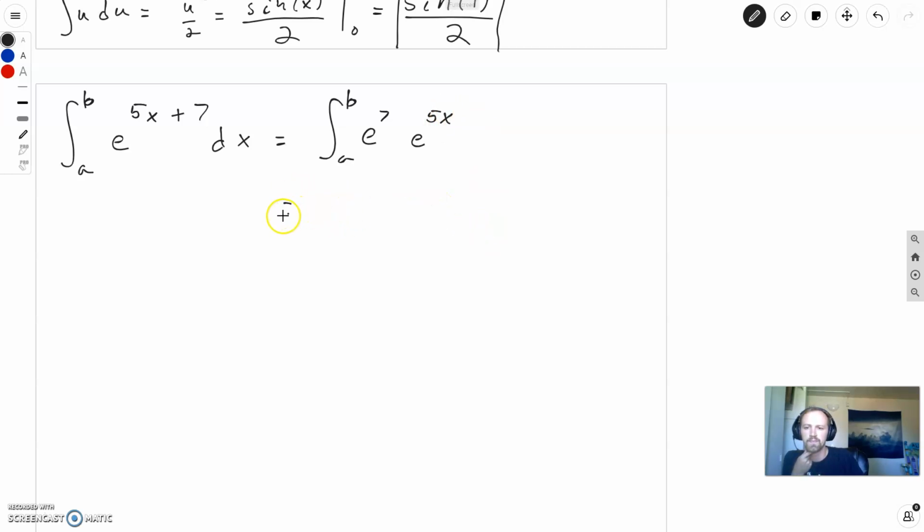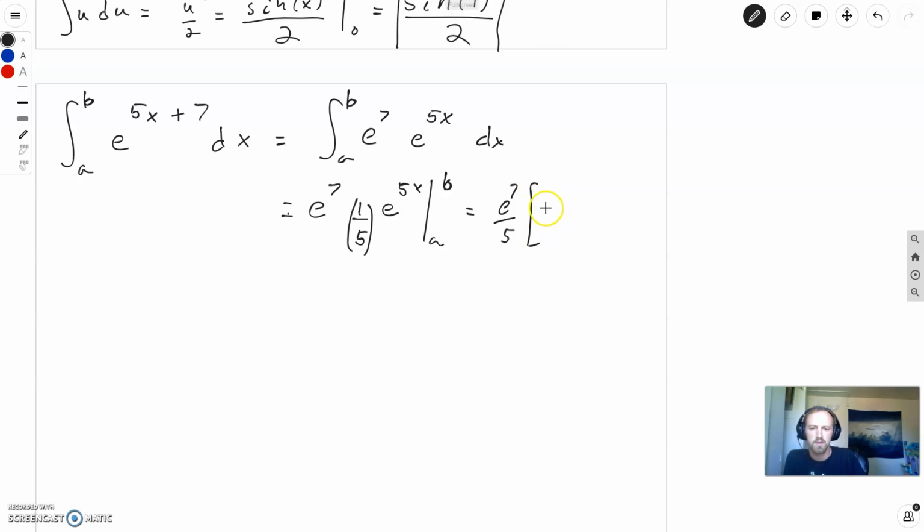So this will equal e to the 7th, and then integrating this e to the 5x, I will get 1 over 5 e to the 5x evaluated from a to b. So we'll get e to the 7th over 5 times e to the 5b minus e to the 5a. Without knowing b and a, we can't go any farther past that.